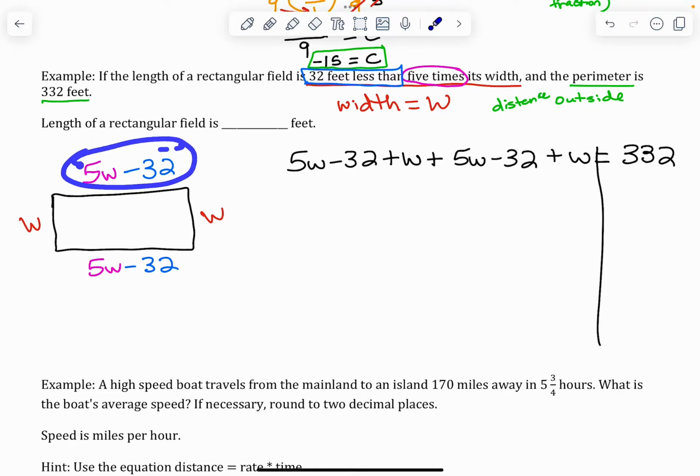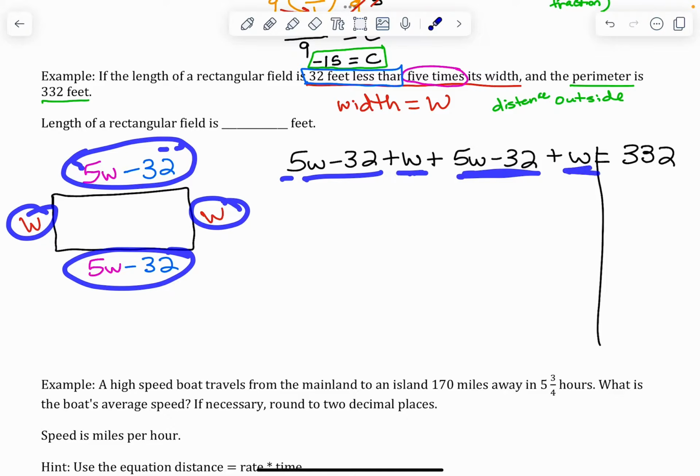Right, 5W minus 32 is here, plus W is here, plus 5W minus 32 is here, plus W is here.